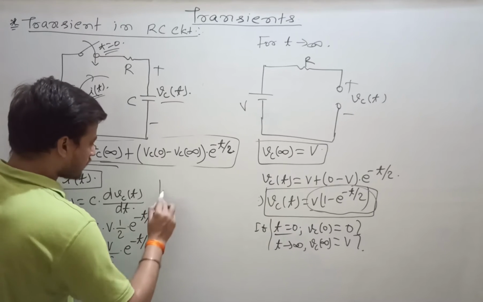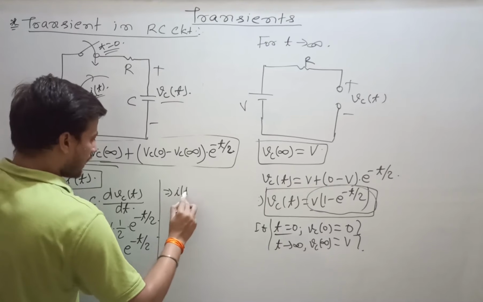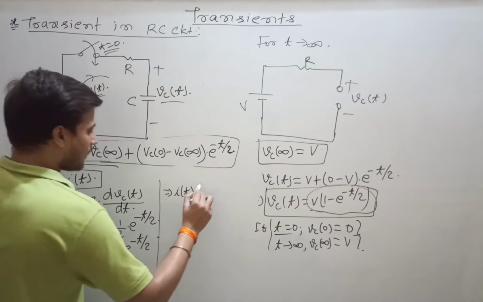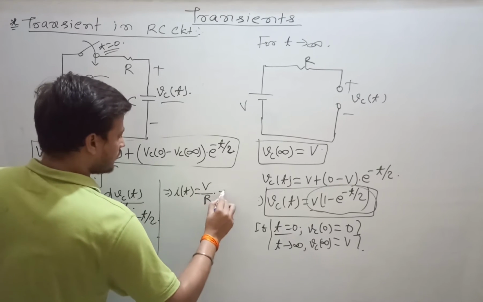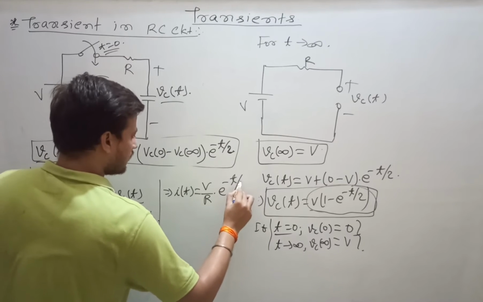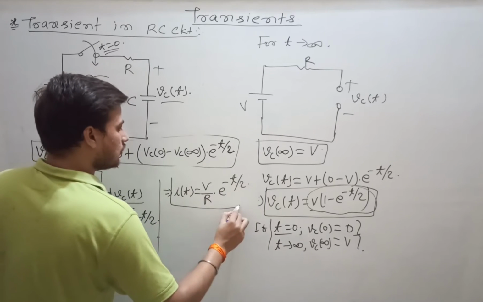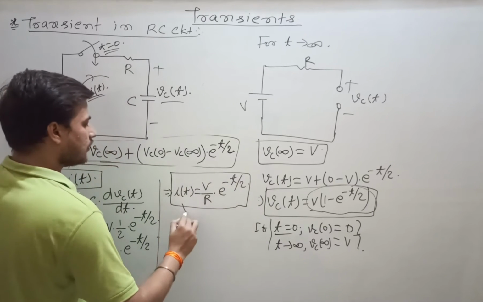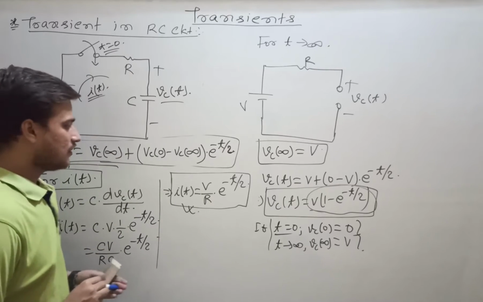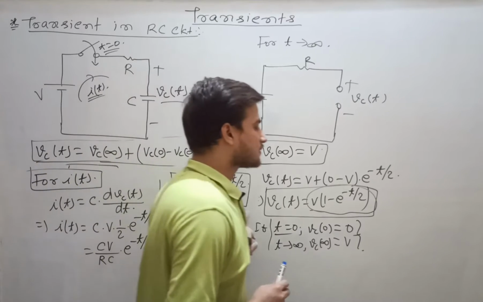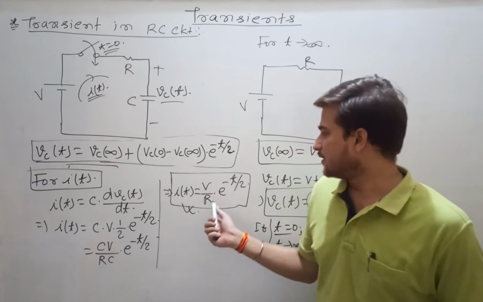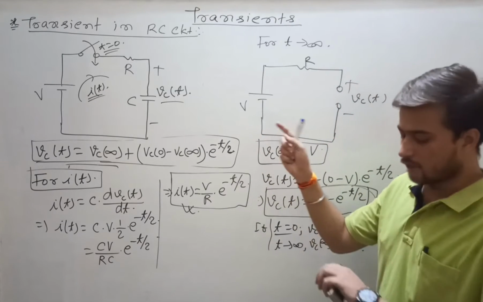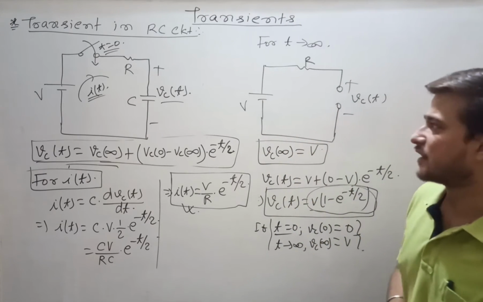So from here you get I(t) is equal to V by R into e to the power minus t by tau. This is the expression for current I(t) flowing in this RC circuit.